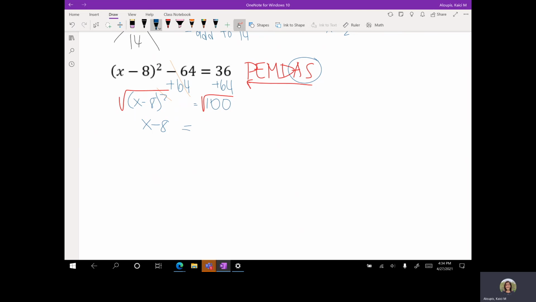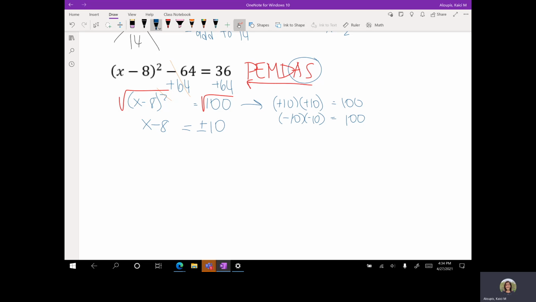And that's equal to plus or minus 10, because the square root of 100 is either positive 10 being multiplied by itself, which is 100, or negative 10 being multiplied by negative 10, which will also give us a positive 100, inside the square root.